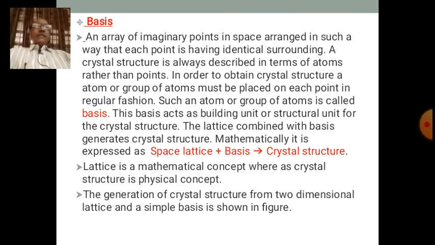So when we describe a crystal structure, we describe the arrangement of atoms and molecules. In order to obtain a crystal structure, an atom or group of atoms must be placed on each point in a regular fashion.